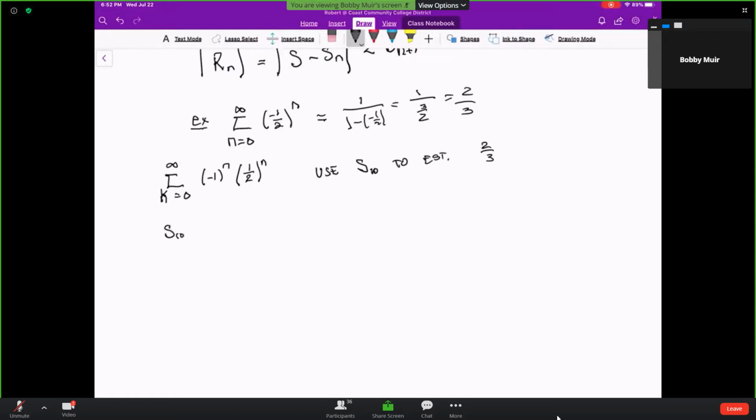So S10 is going to be, I started at 0: 1 minus a half plus a fourth minus 1 over 16 plus 1 over 32, 64, 128. 0, 1, 2, 3, 4, 5, 6, minus.